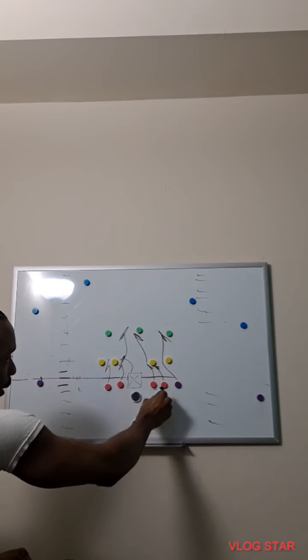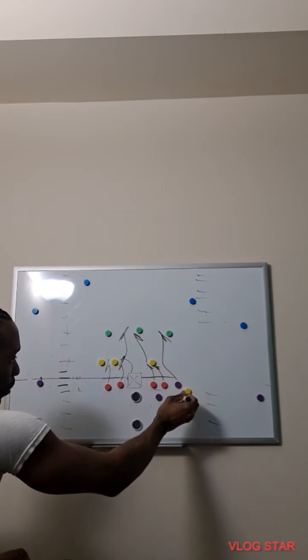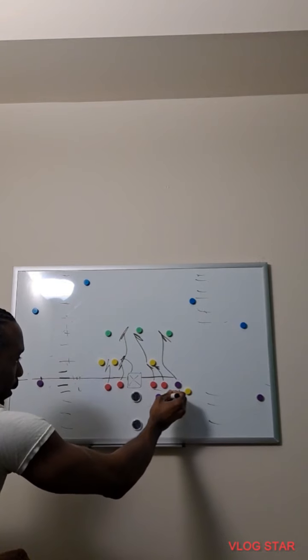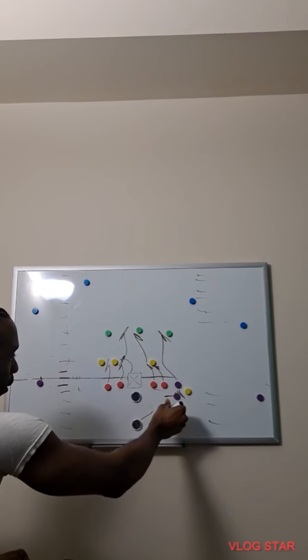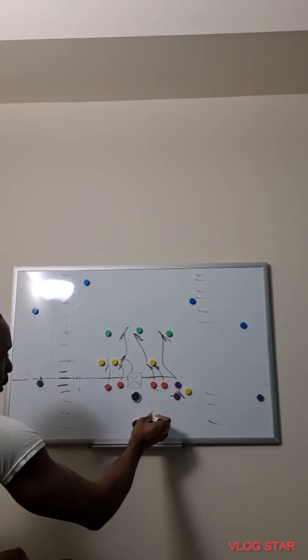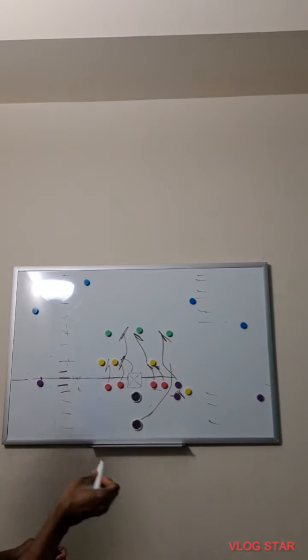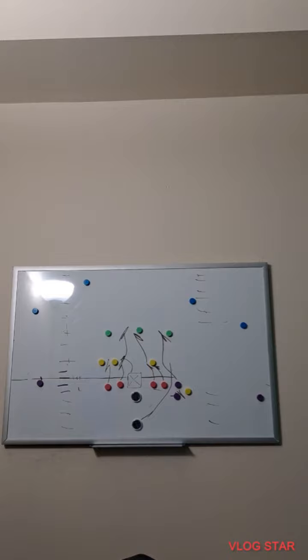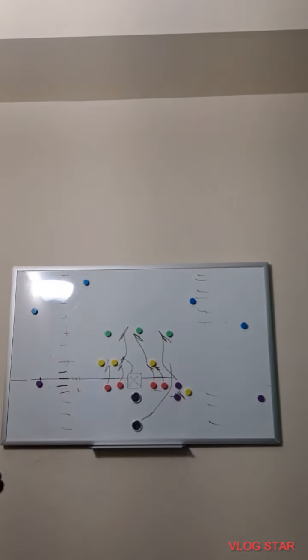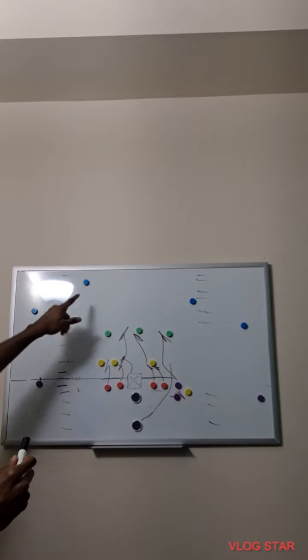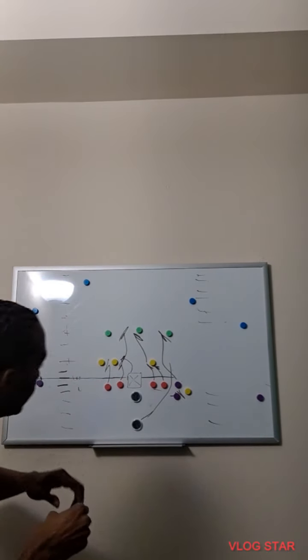Then you have the fullback. The end will come up. Fullback kicking out the end. Alright, and then the running back right up in there. And then receiver block right there. It's gonna be one-on-one with the safety. And depending on what that safety does.